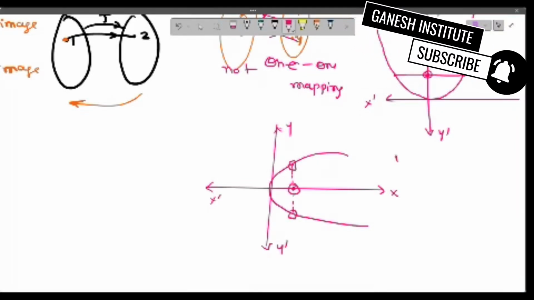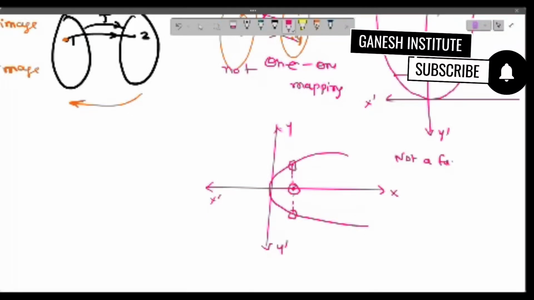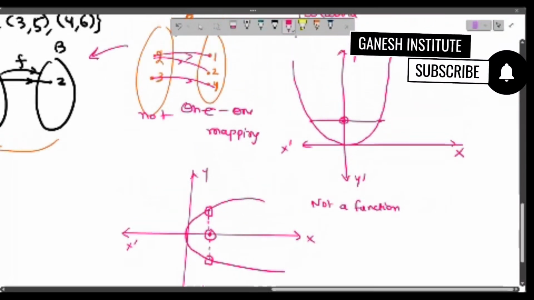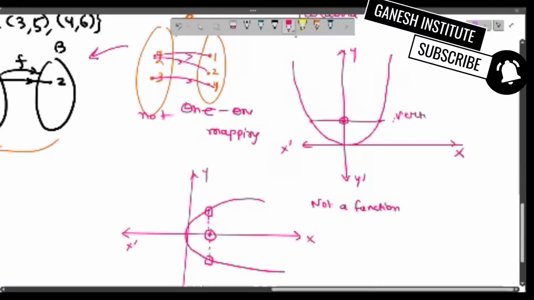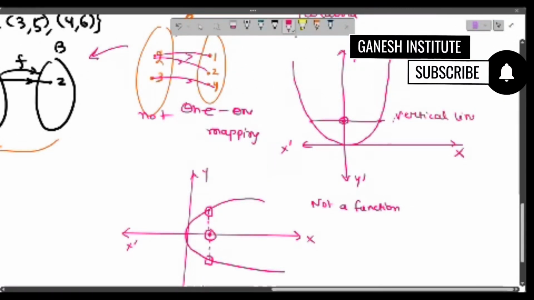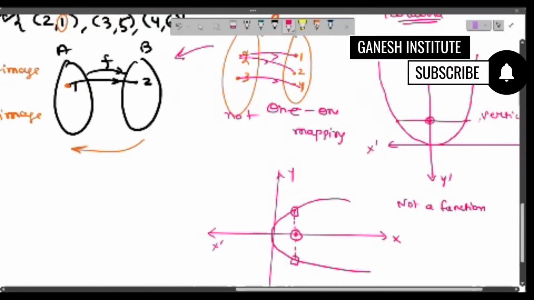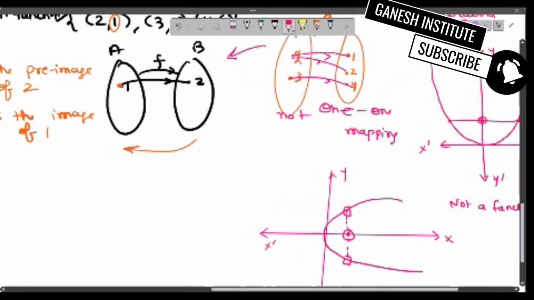So it is not a function. So whether it's a function, you can just do the vertical line test, right? Perfect. It is the vertical line test which defines whether it is a function or not.